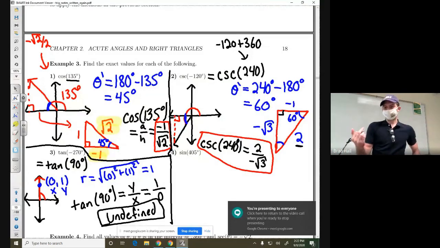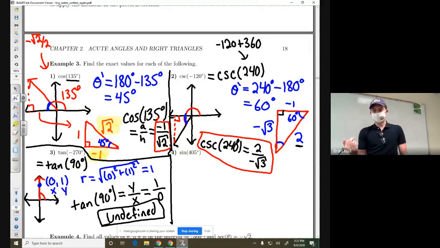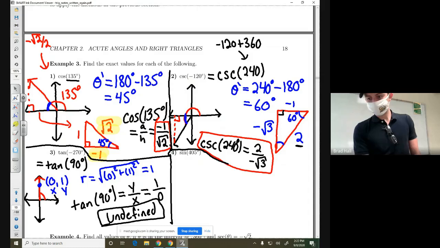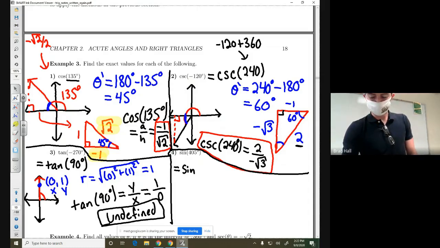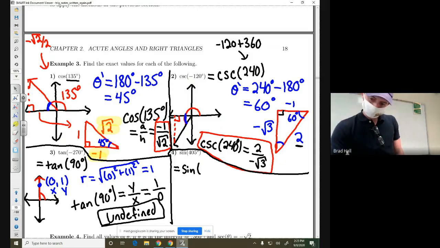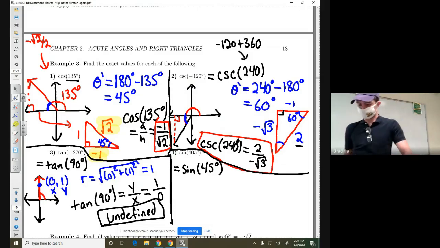So we have sine of 405 degrees, but I don't really like 405 degrees. That's a little bit too large. We can reduce it and get a much simpler problem. Instead, I'd rather work with sine of 45 degrees. Isn't that it?